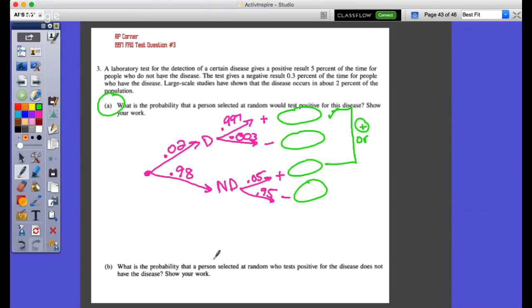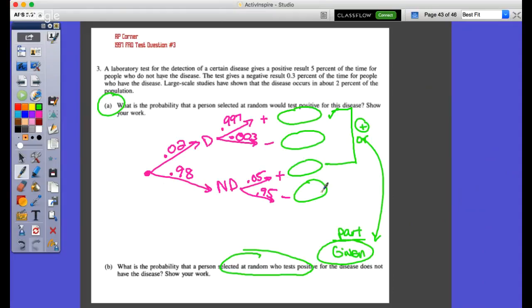The next one says, what's the probability that a person selected at random who tests positive for the disease does not have the disease? So this is what is given, right? Remember, whatever's given goes on the bottom of the fraction, and we put the part of what we're trying to find on the top. So the given would be what we found here, because that's the same thing, right?